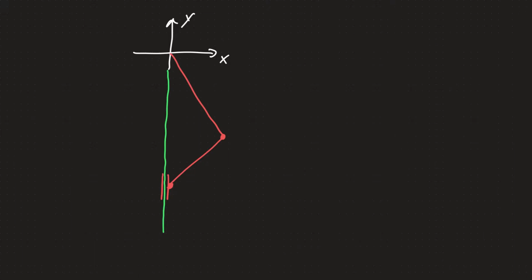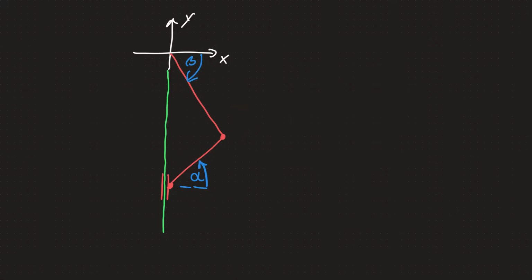What we try to calculate now is the position of this translational joint here in dependence of an angle alpha at this position here at the bottom, and then we have an additional angle beta.